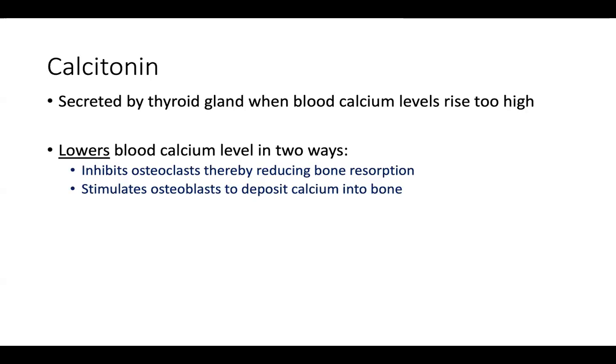So it'll inhibit osteoclasts, which will inhibit bone resorption or dissolution. And it'll stimulate the osteoblasts with a B, which will encourage deposition of calcium back into the bones, taking it out of the blood, which will bring that blood calcium level back down.